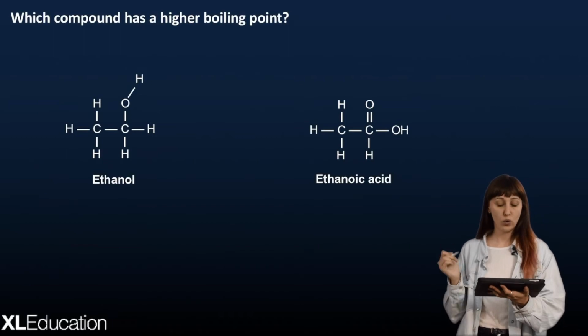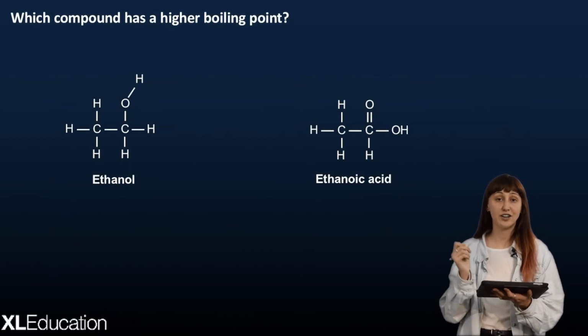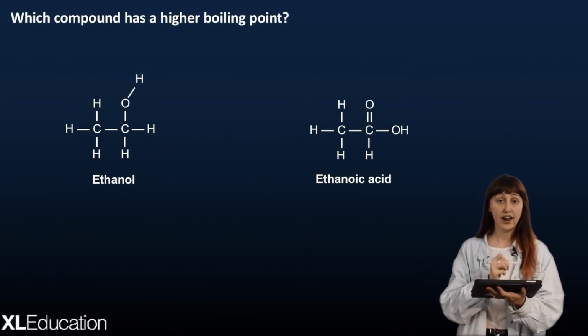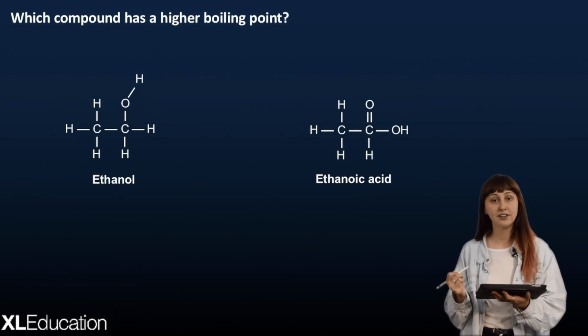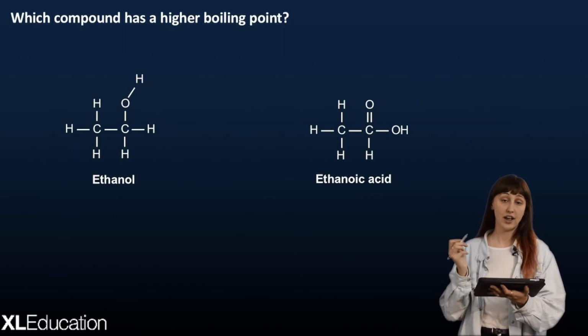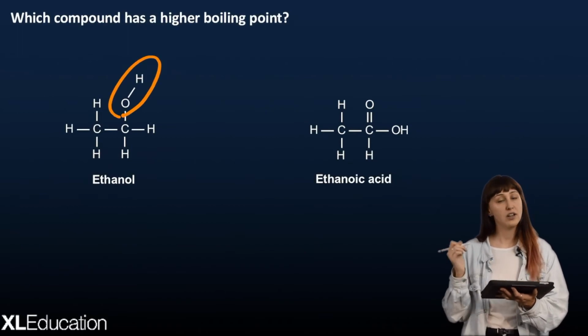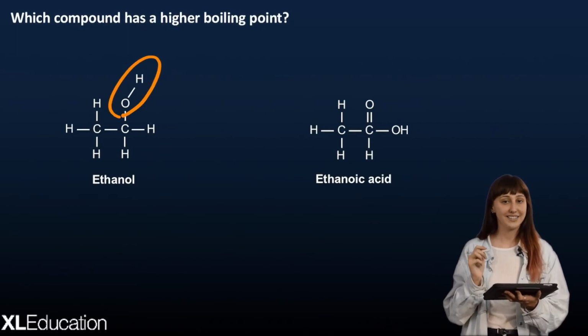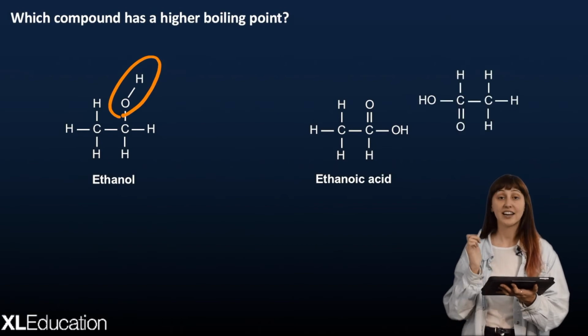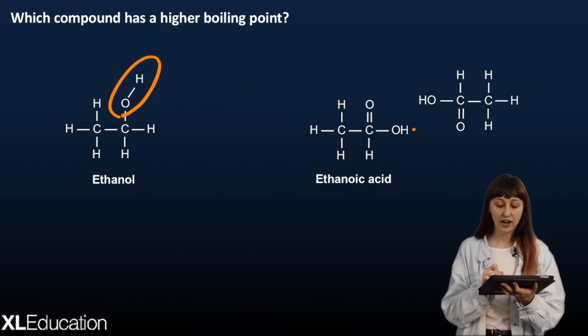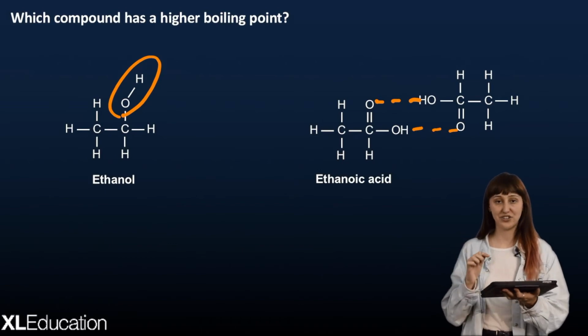All right, which of these two is going to have a higher boiling point? So ethanol and ethanoic acid, both 2 carbons. Ethanol will experience hydrogen bonding, as will ethanoic acid. But ethanoic acid can experience hydrogen bonding at 2 sites, so it will form more hydrogen bonds.